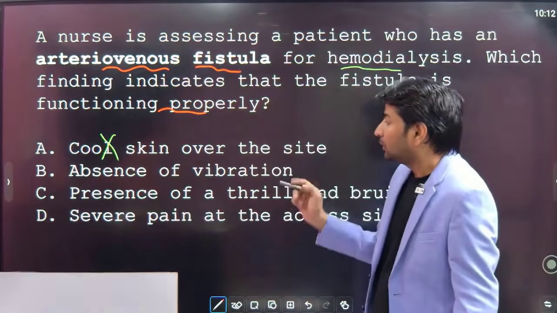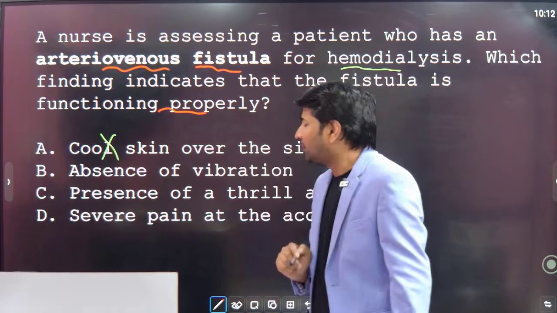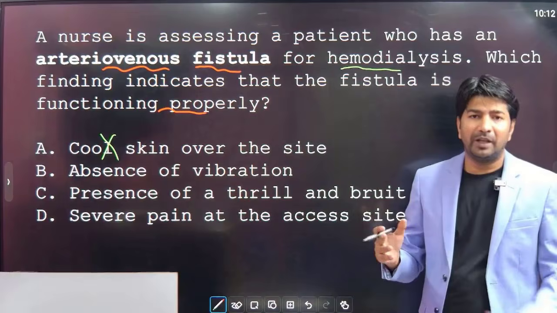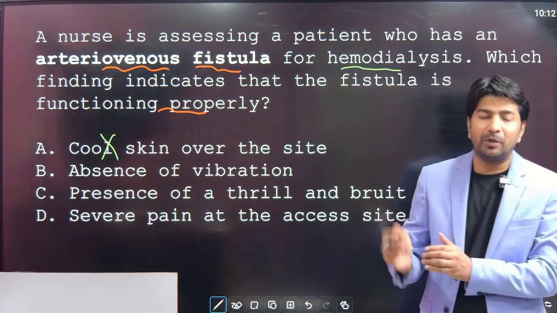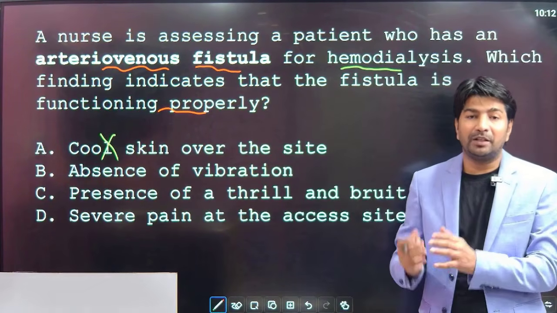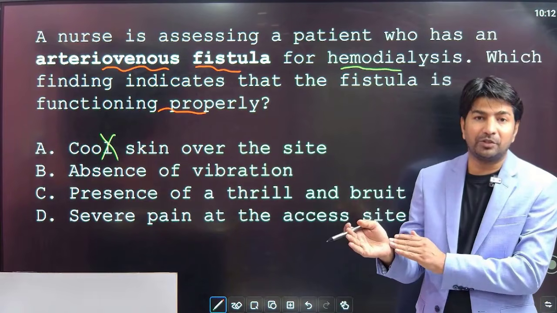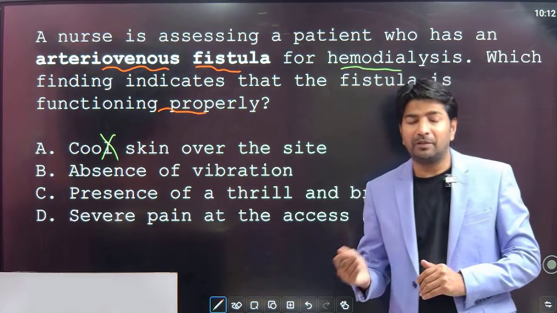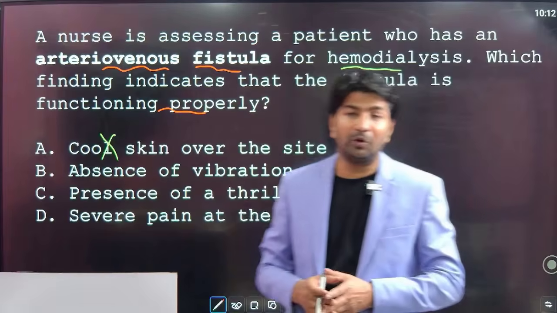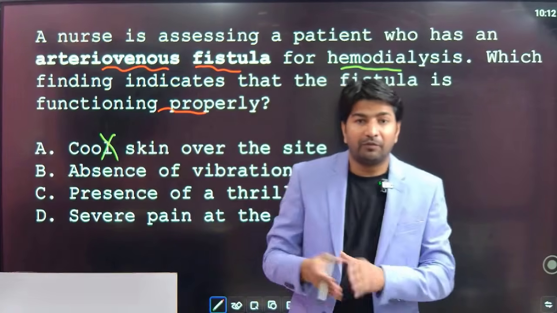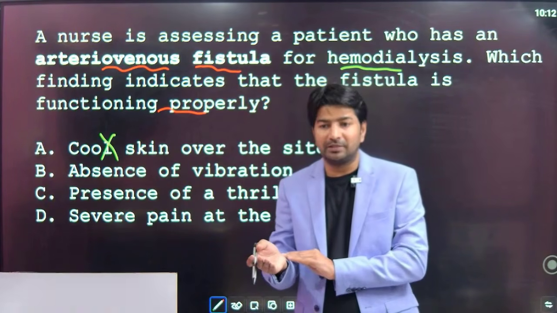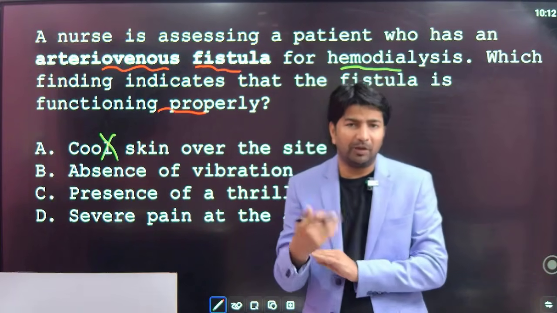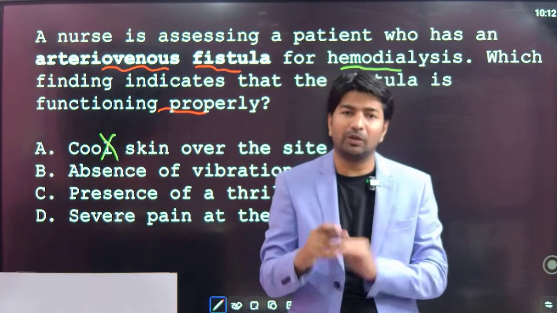The second option is absence of vibration. Whenever blood passes through the fistula we created, when we touch it and check, we feel a vibration. We call that vibrating feeling a thrill, meaning when we touch over the fistula, we feel its vibration, which is normal and should be there.